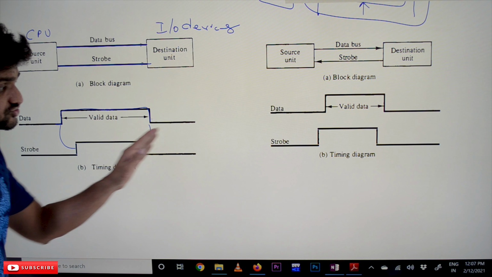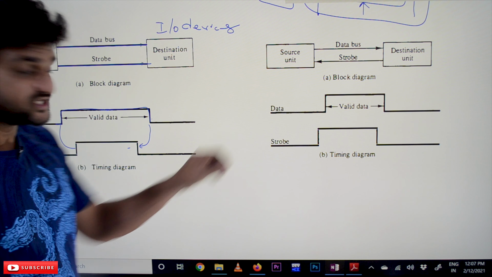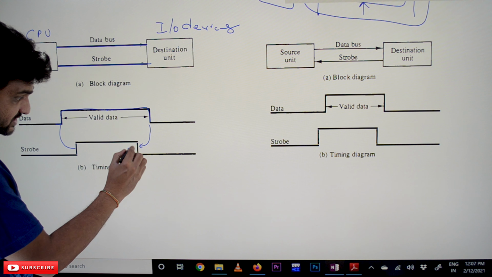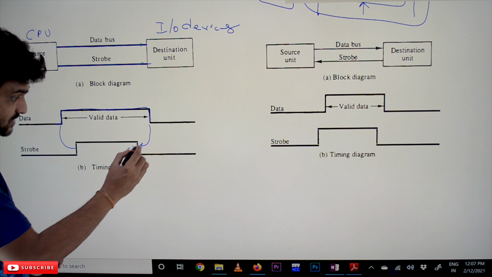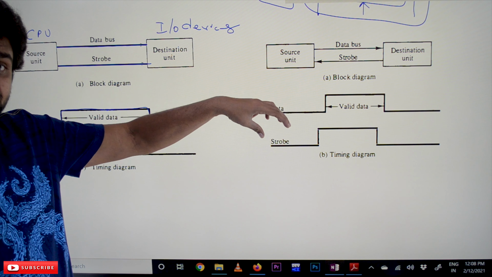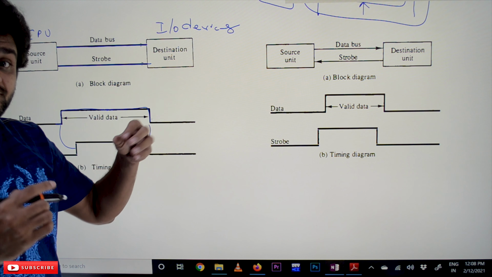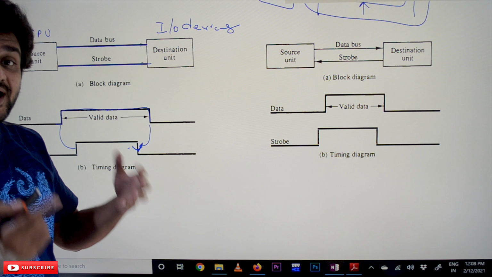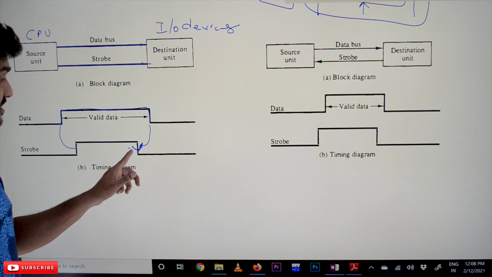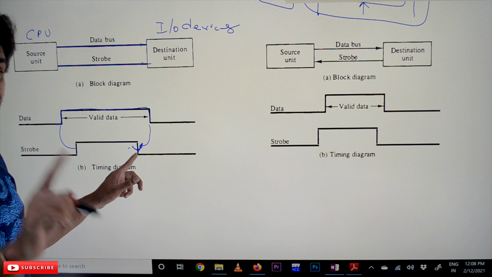Whenever this strobe pulse, this falling edge, is received at the receiver end, the destination understands that the valid data has been received. Unless it receives the falling edge of the strobe, it does not consider it valid data.